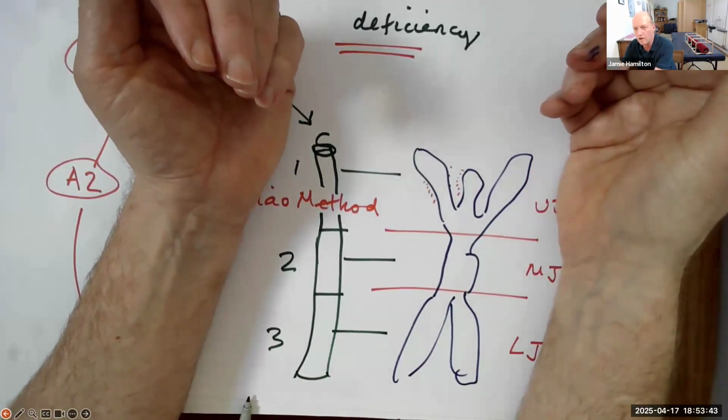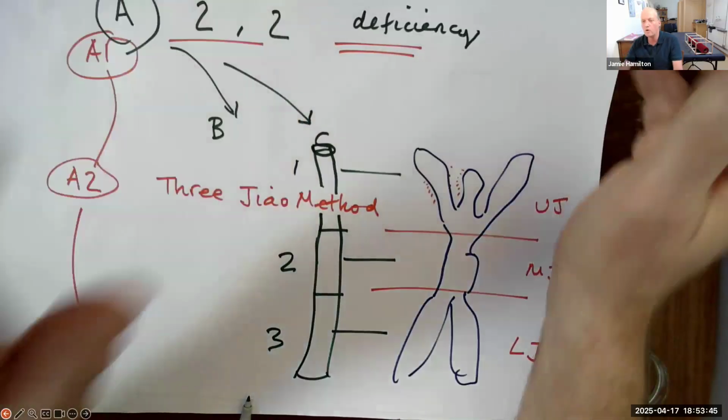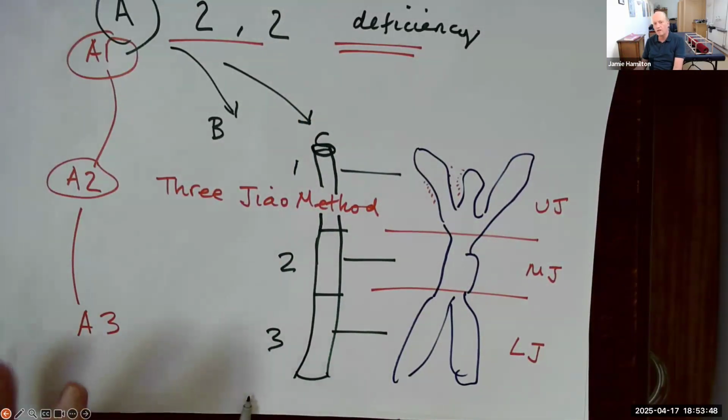It should be on both arms for it to be valid. If it's only on one side, that is not a valid three jowl reading. So it says later on they should be of the same grade, left and right.